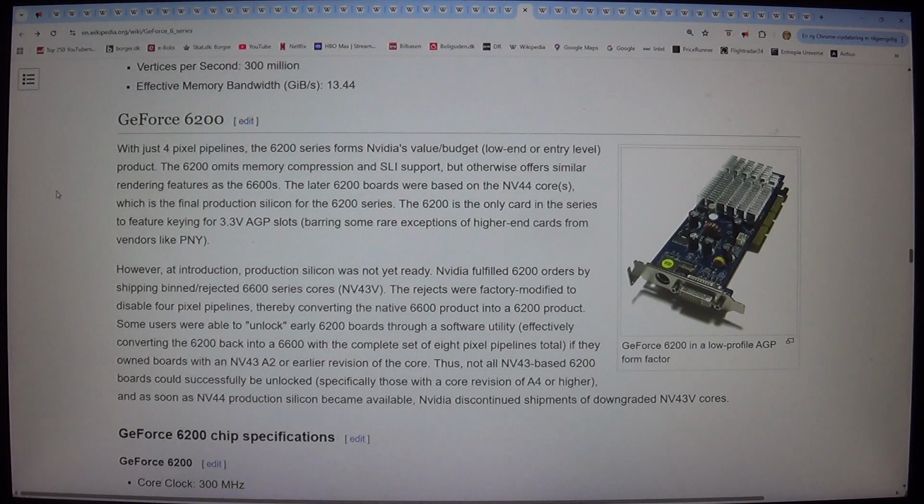The later 6200 boards were based on the NV44 core, which is the final production silicon for the 6200 series. The 6200 is the only card in the series to feature keying for 3.3 V AGP slots, barring some rare exceptions of higher-end cards from vendors like PNY.